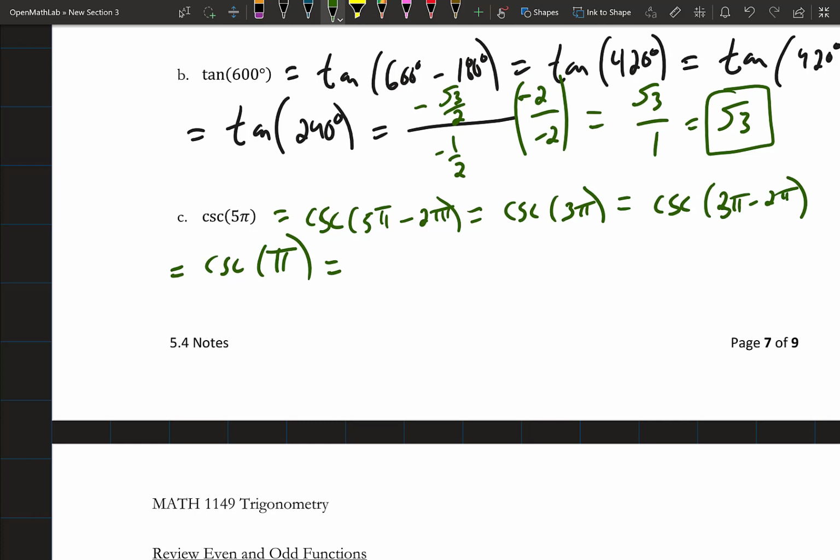Right? So cosecant would be what? Lost my train of thought. Hang on. Cosecant. Right, so cosecant is 1 over y. So we can just fill in the y coordinate here.